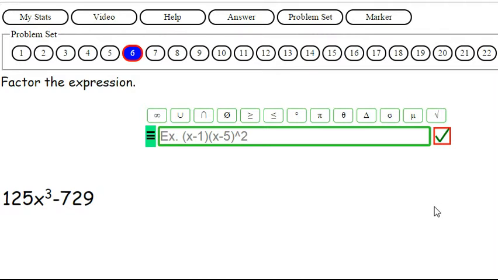So I'm going to have to write this one down. 6.1. Minus 729.